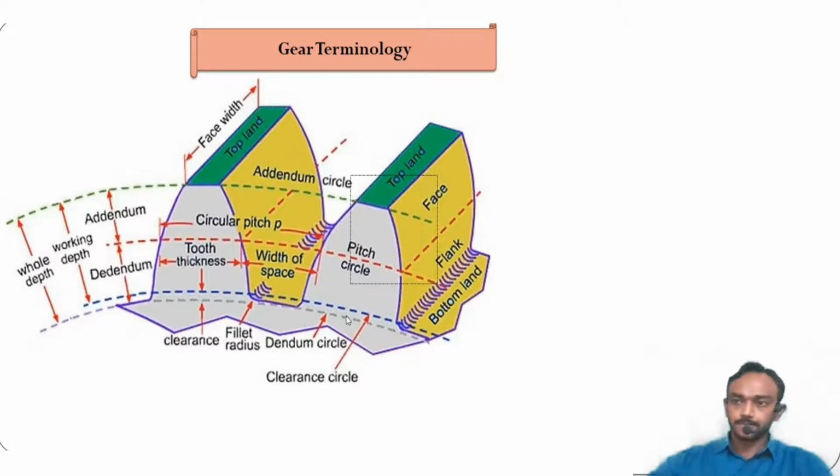So that's the most important terminology of gears. And there are some other terms related to gears which we can't see on this diagram, which are very important. You can see them in a book, and we are going to study the most important points.